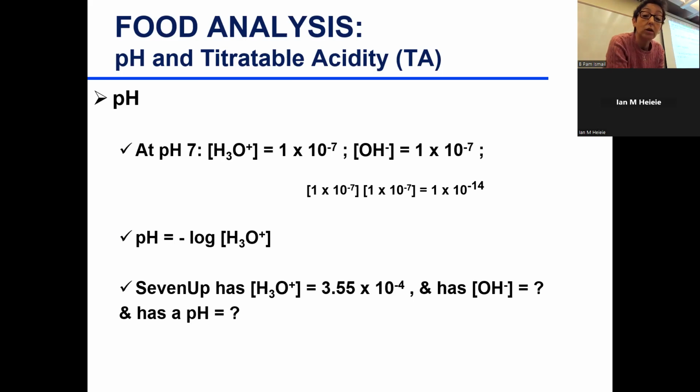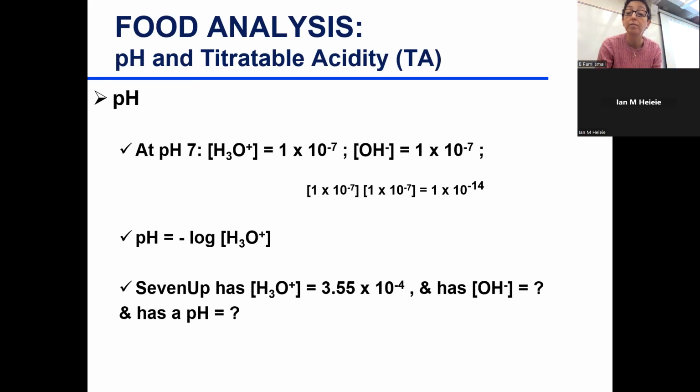So what's the concentration of hydroxyl ion? 2.9 times 10 to the negative 11. I got 2.82 times 10 to the negative 11. So maybe just a slight calculation difference. Anybody with the pH? 3.4.